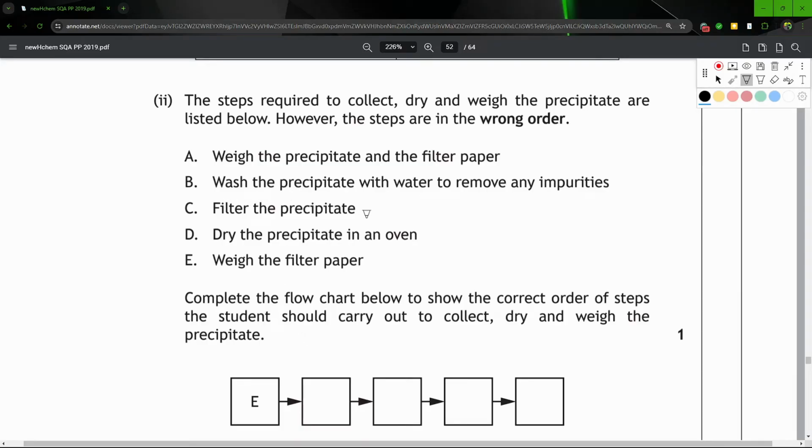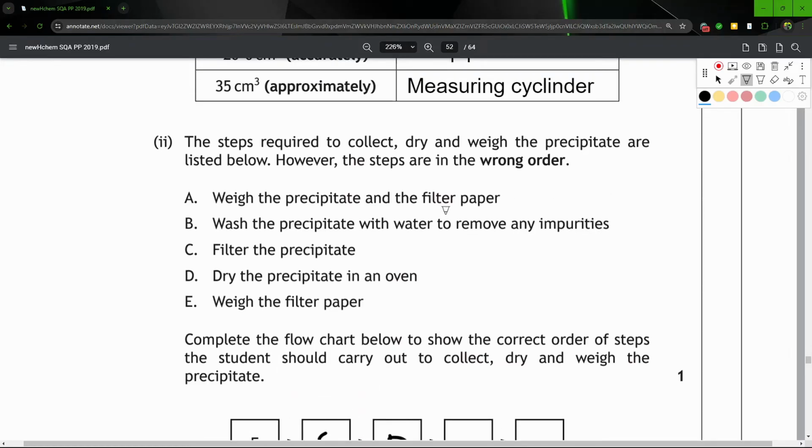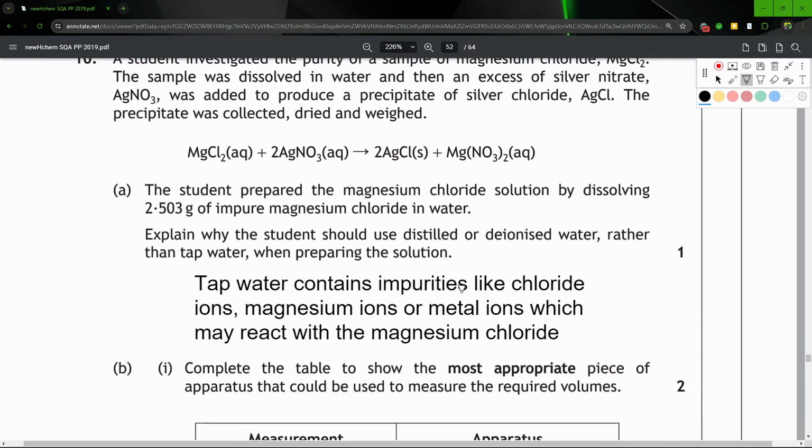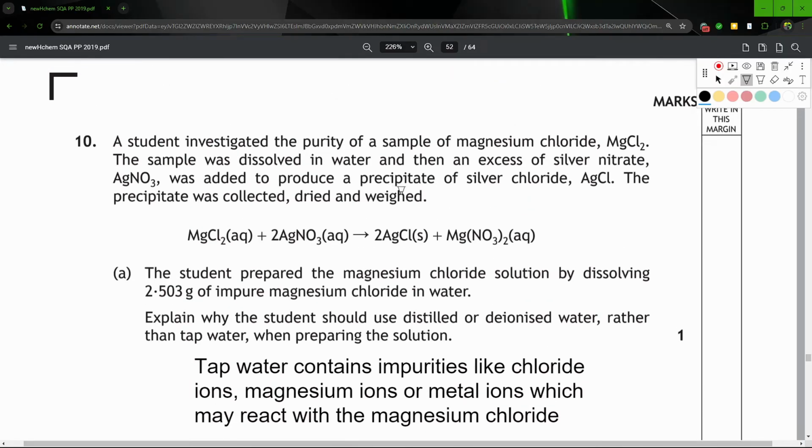But basically what we want to do, if we've got the filter paper that we're going to be using, is to pour the precipitate through it, and then wash the precipitate with water to remove any impurities. Because if we filter it, there might be some extra impurities that have been carried through with the precipitate.